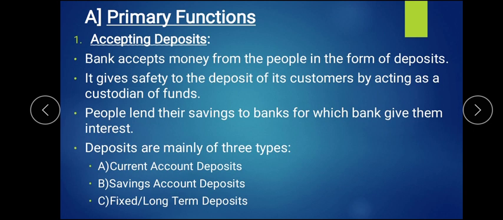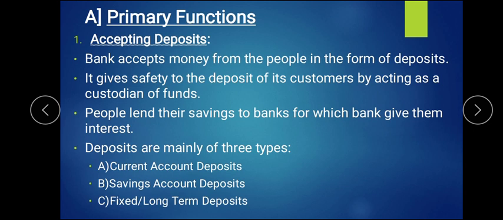Then after, the saving account. Now what is a saving account? That is where you, me, your parents, everyone keeps their money safe. A saving account gives us safety for our money, as well as a small rate of interest every year.